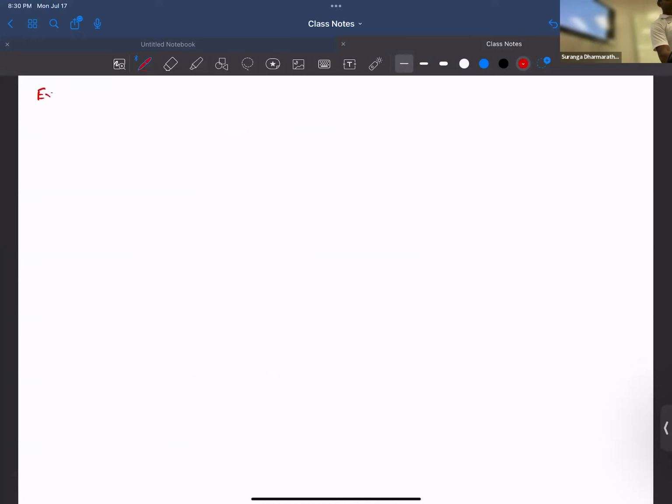Example 1. Okay, so f of t is equal to t cube minus 12t plus 4. You have to find f prime of t, or you can write d over dt of f of t, or df over dt.